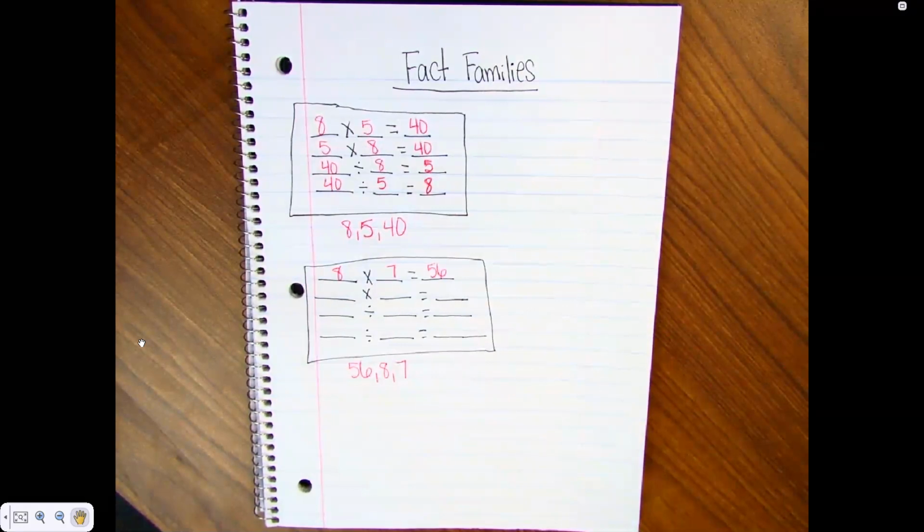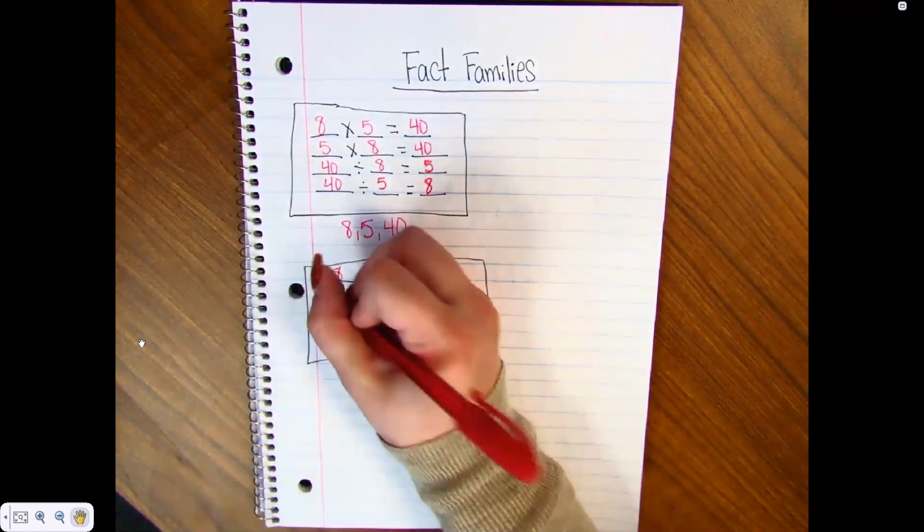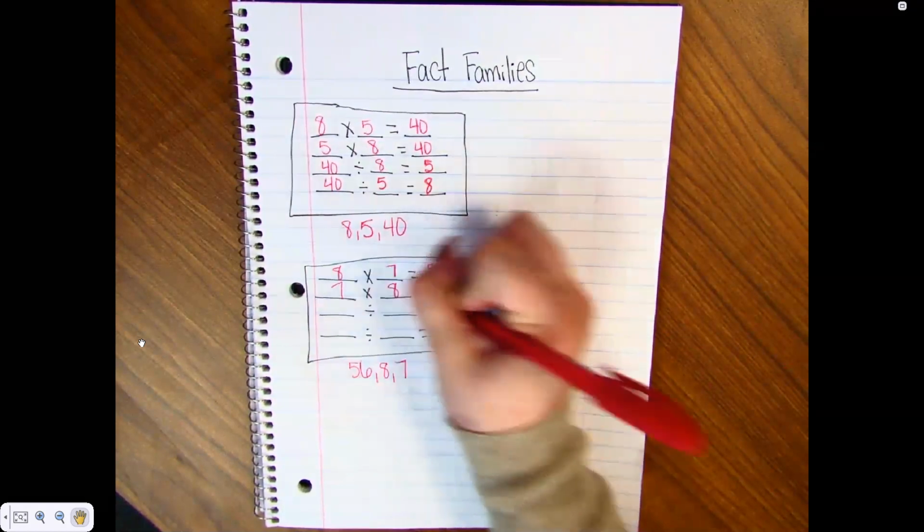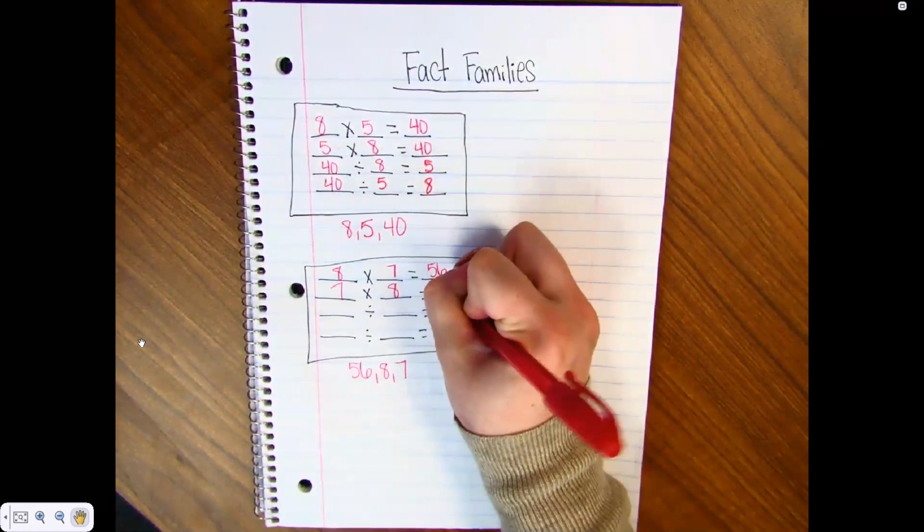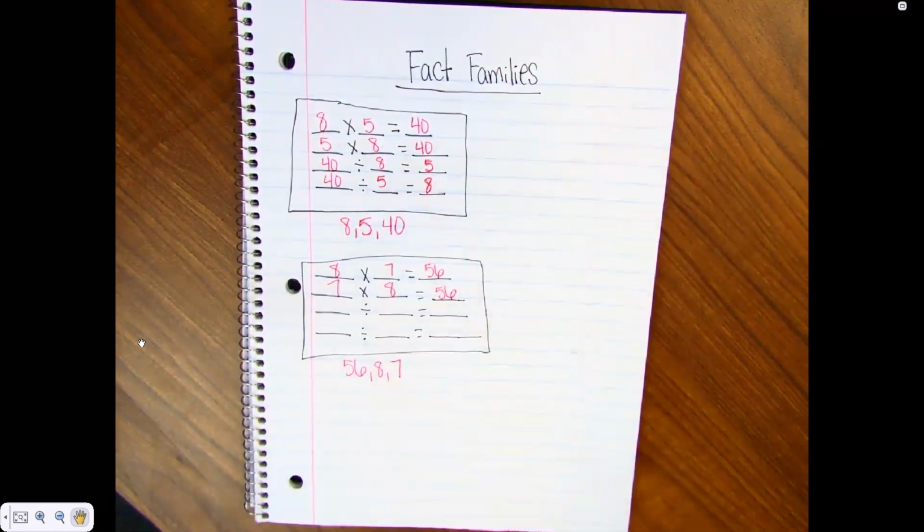So what's another way I can write that multiplication sentence? Bella, what's another way I could write it? 7 times 8. 7 times 8 equals 56, right? It's still going to equal 56.